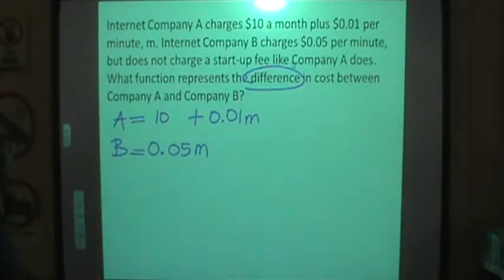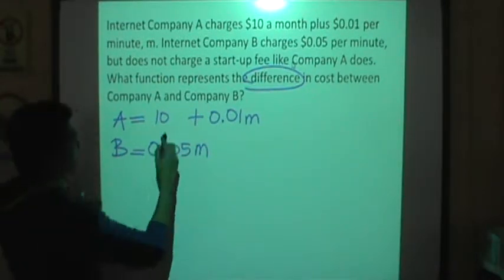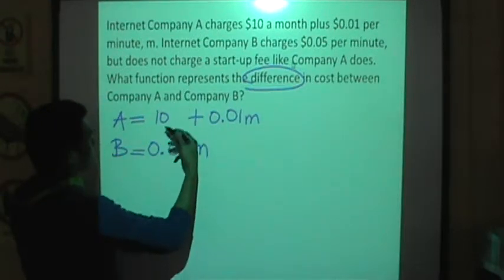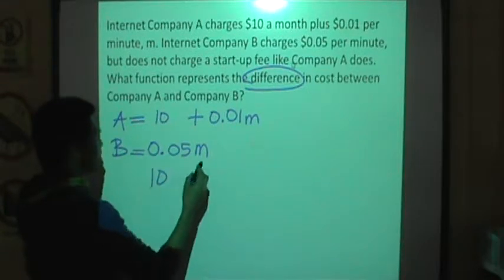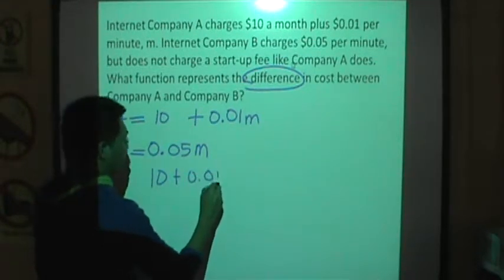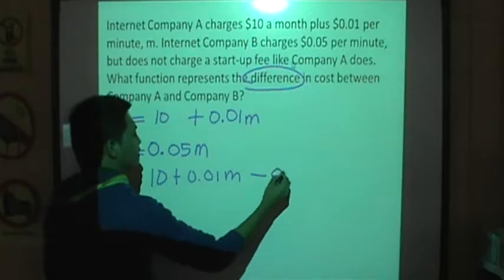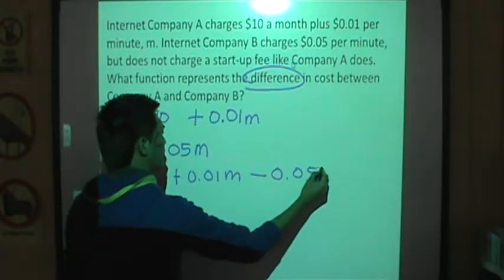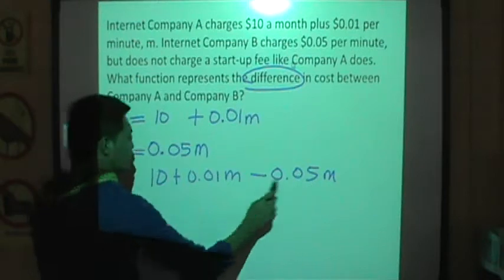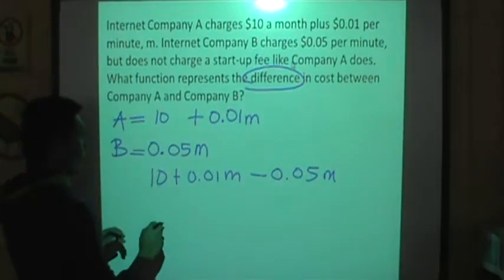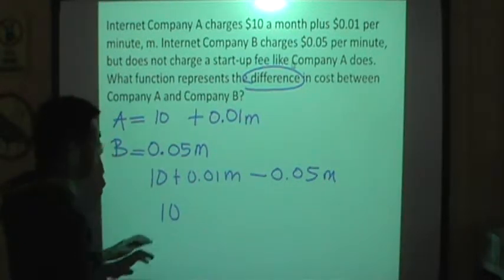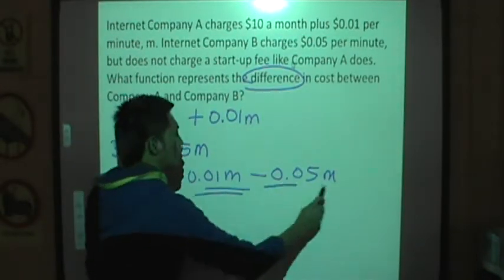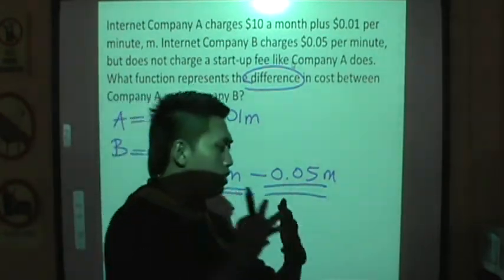If we subtract these two, it will become this minus this, which gives you 10 plus 0.01 m minus 0.05 m. And now because these two are like terms, they need to be combined.